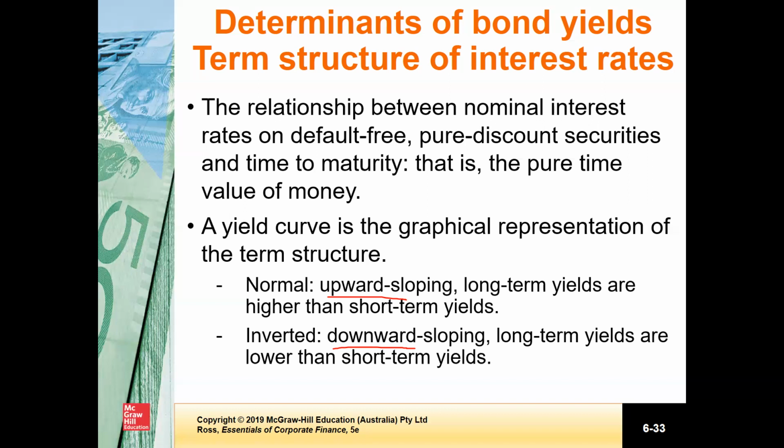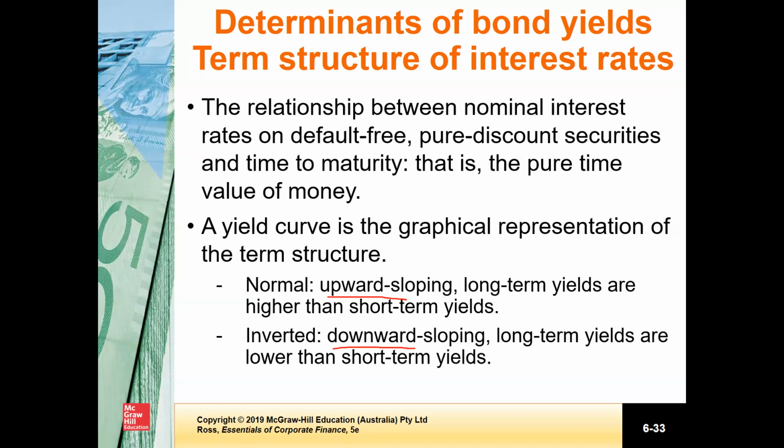In contrast, the prospect of future inflation strongly influences the shape of the term structure. Investors thinking about lending money for various lengths of time recognize that future inflation erodes the value of the dollars that will be returned. As a result, investors demand compensation for this loss in the form of a higher nominal rate, which is known as the inflation premium.